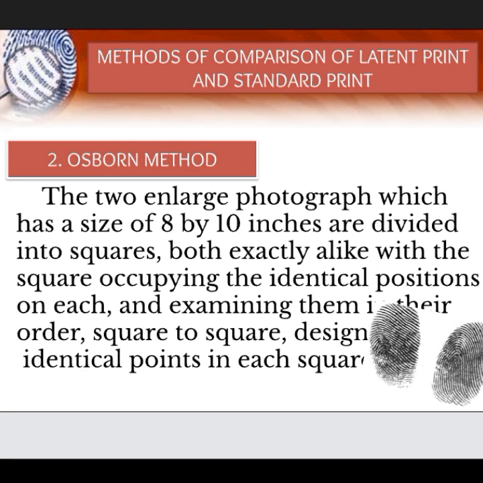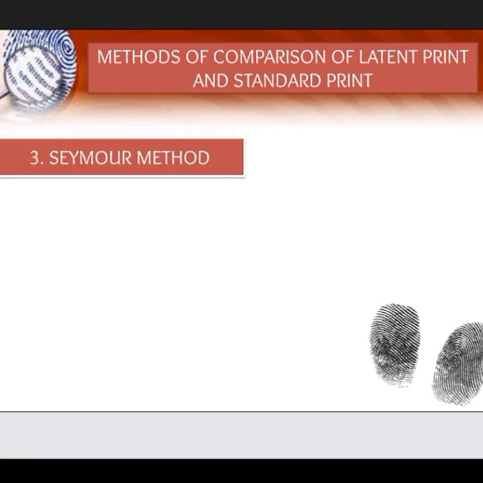The Osborne grid method involves making photographic enlargements of 2 fingerprints to be compared with a superimposed grid on each. The grid cells are then compared cell by cell. If all available characteristics in each cell match, identification is declared.